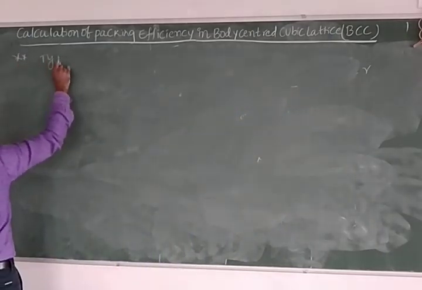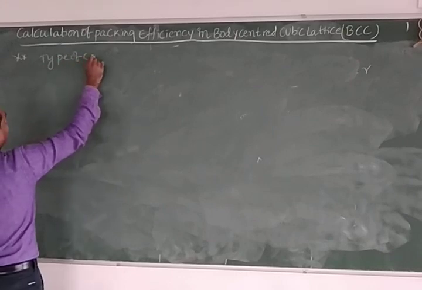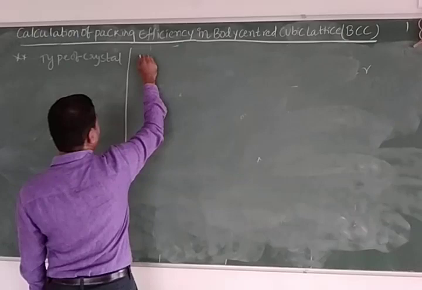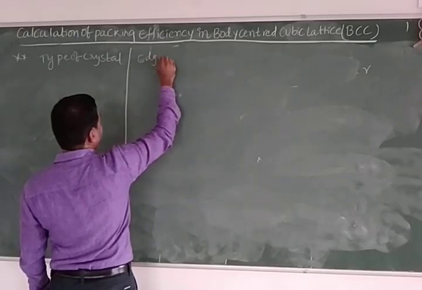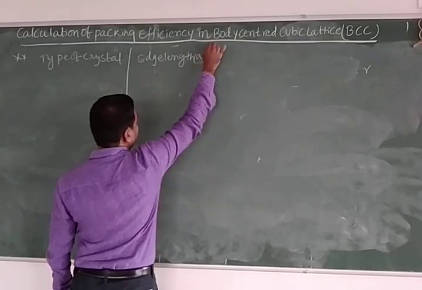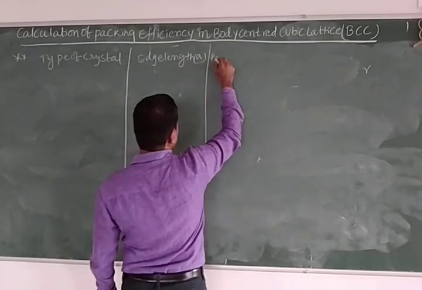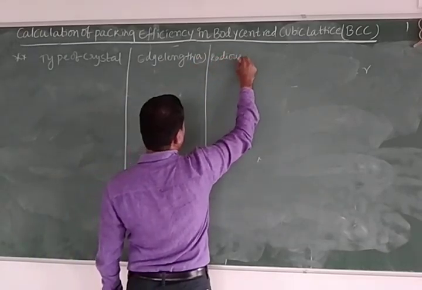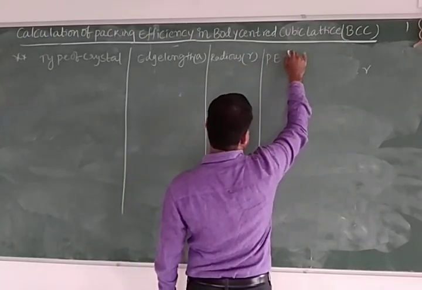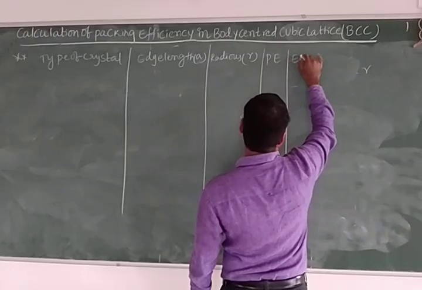So type of crystal. Next we are writing first edge length. Edge length is a. Next radius. Radius is what? r.